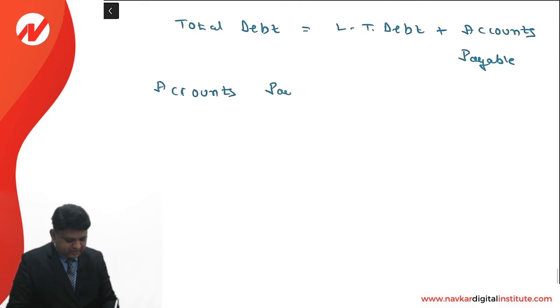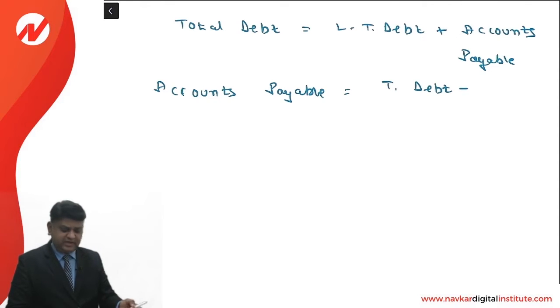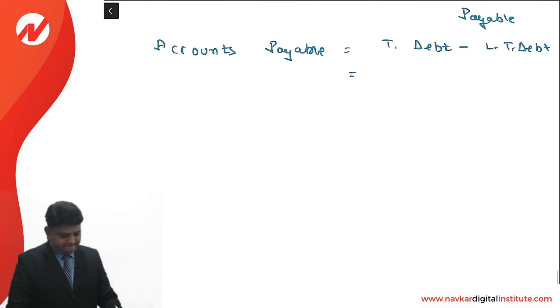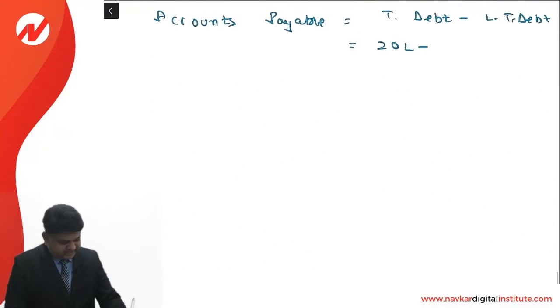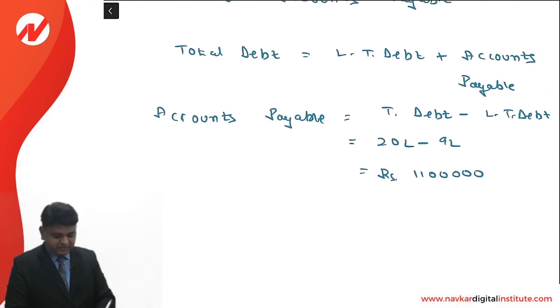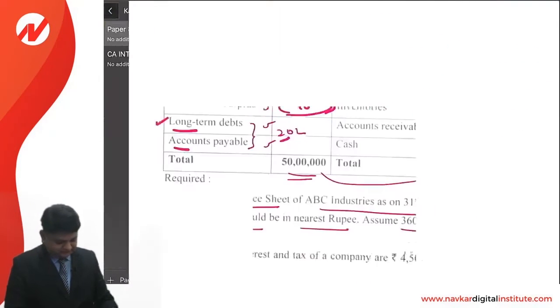So accounts payable is equal to total debt, that is an amount of 20 lakhs, minus long-term debt. So 20 lakhs minus long-term debt of 9 lakhs. This comes to 11 lakhs. This is the way accounts payable can be calculated.